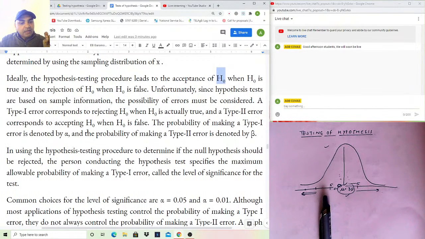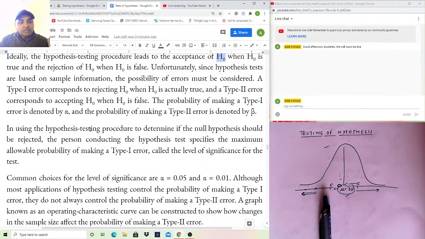A type 1 error corresponds to rejecting the null hypothesis when the null hypothesis is actually true. For example, consider a case where in the population, the average age of the listeners of a radio program is 30. You have taken a sample, but you get, say, somewhere around 50, which is very far away from 30, and based on standard deviation, it lies beyond three standard deviations.